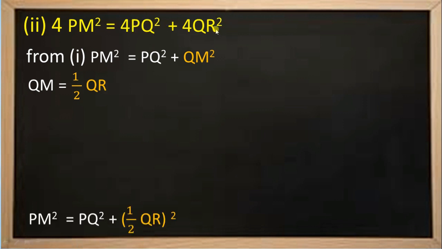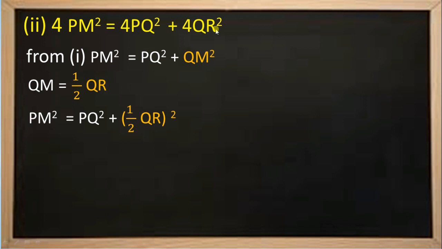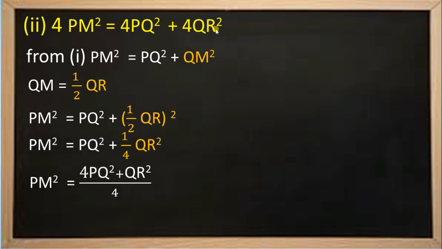So what to do? In the place of QM, we can replace half of QR whole square. It results as 1 by 4 QR square. Take an LCM and shift 4 to the left hand side. It results as 4PM square is equal to 4PQ square plus QR square.